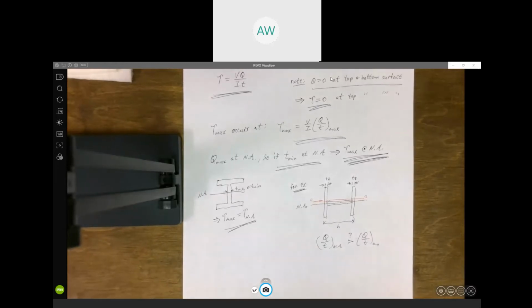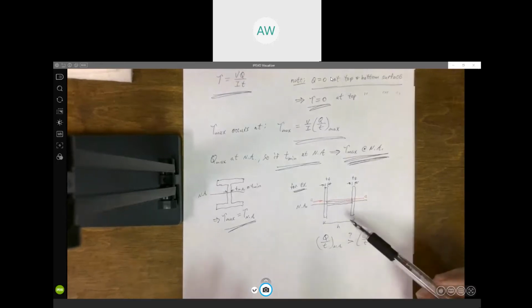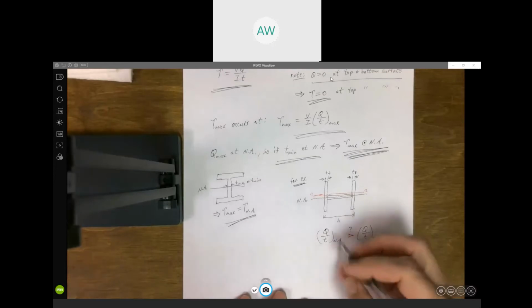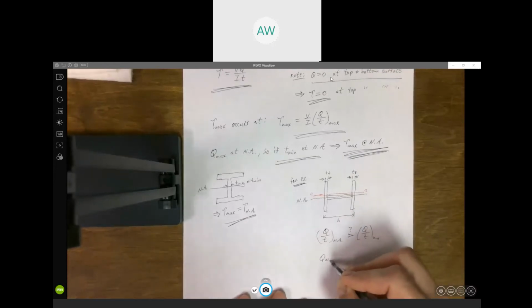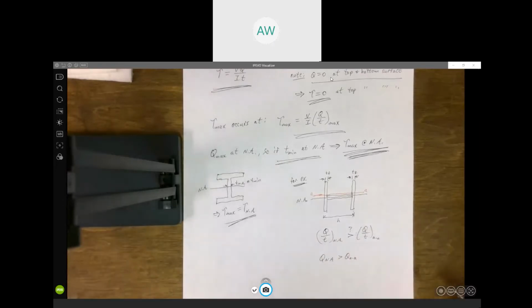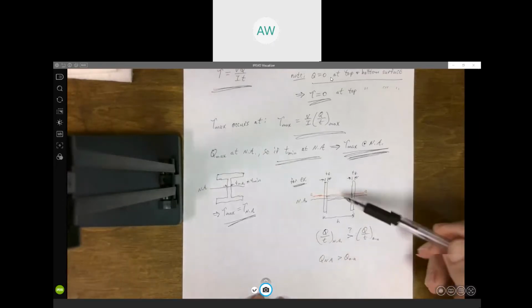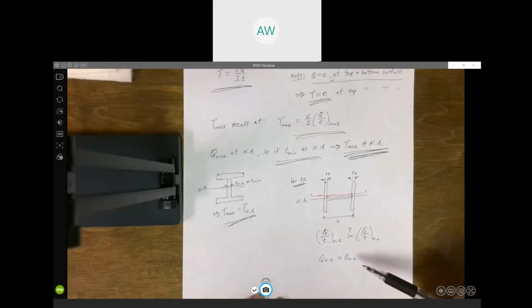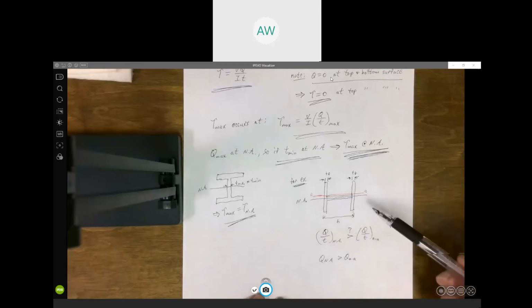I can't look at it and tell you the answer. Because Q, remember, is always largest at the neutral axis. So Q here would definitely be larger than Q there. But it's not going to be a huge difference, right? Because we're not losing a whole lot of area. The area above AA is less than it is at the neutral axis, but not significantly.